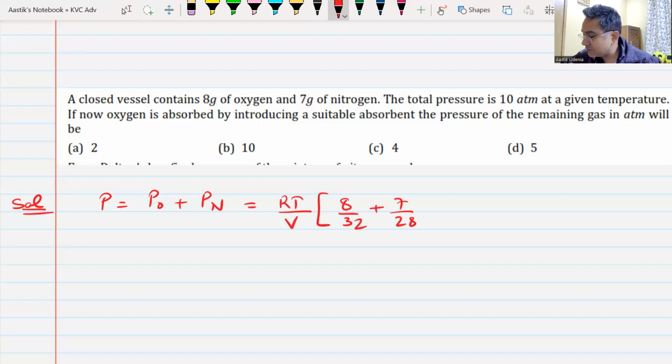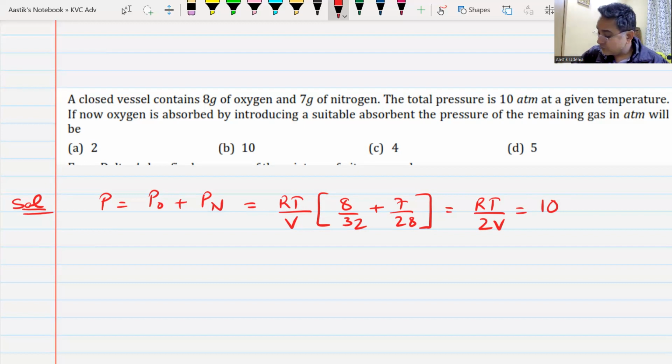You understand number of moles? Yes or no? The number of moles are 1 by 4 and 1 by 4. 1 by 4 plus 1 by 4 becomes RT by 2V, and RT by 2V becomes 10 because this is given as 10. Yes or no?